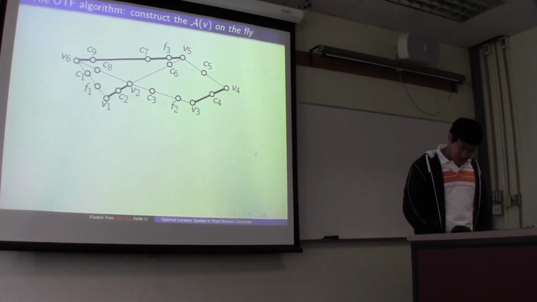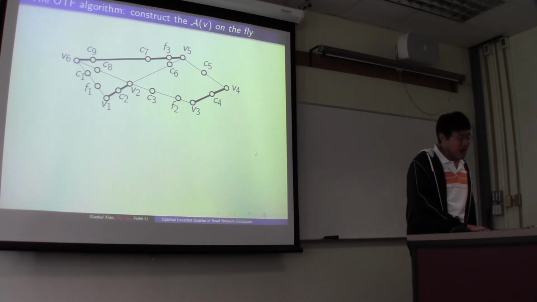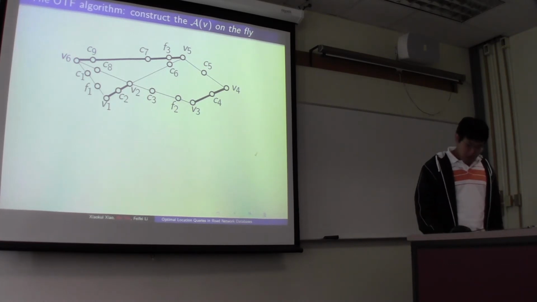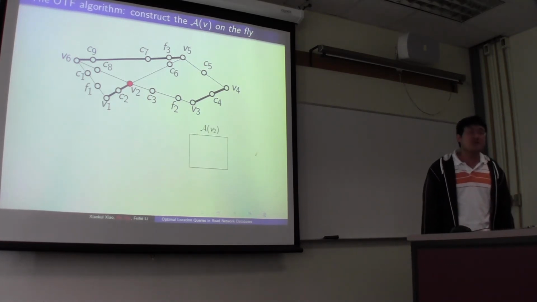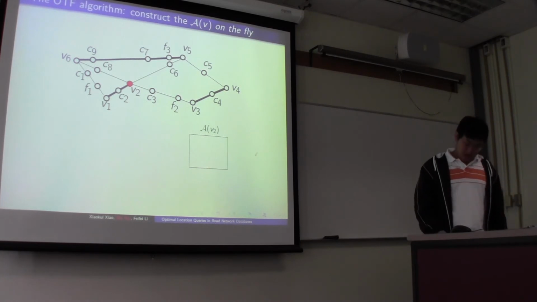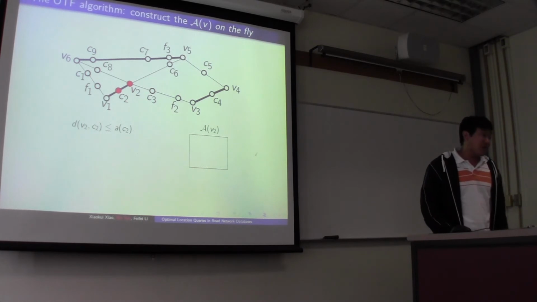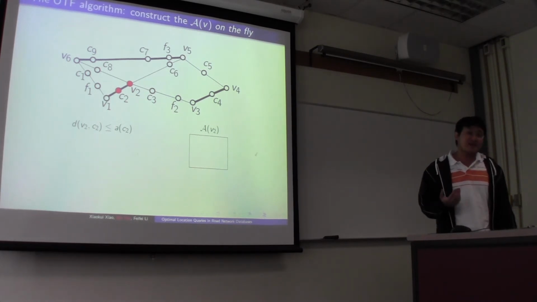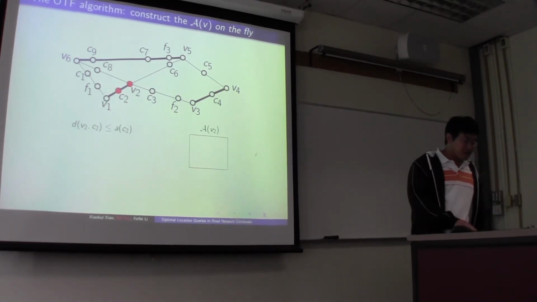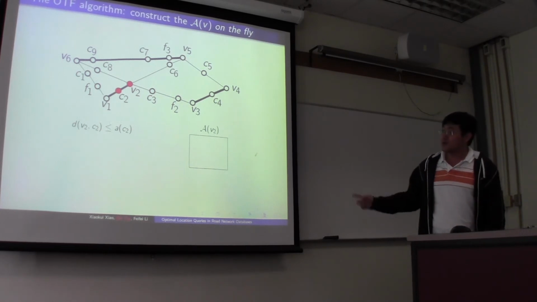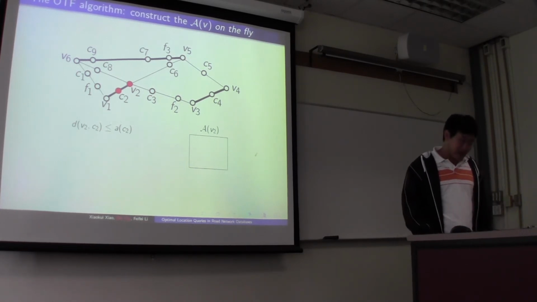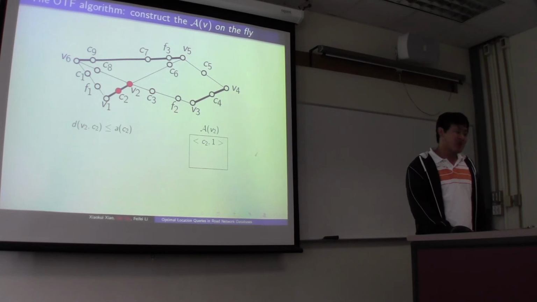So based on this lemma, we developed this on-the-fly algorithm. Suppose we want to calculate the attraction set for V2. We apply the Dijkstra algorithm on V2, and when a client is encountered and the distance is less than or equal to the attractor distance for this client, we add it to the attraction set.